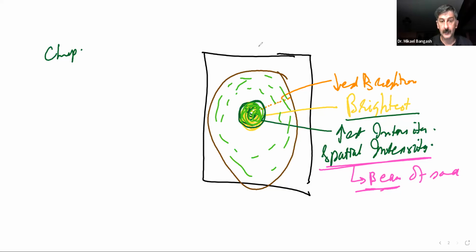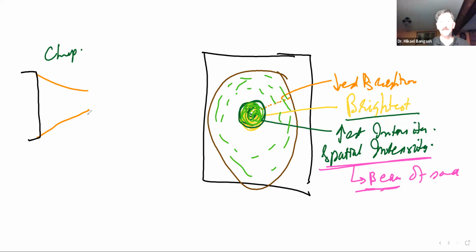But the reason that we call it a beam is because, in its first part, as it is being emitted, the diameter of the beam is going to narrow down. The beam becomes narrower and narrower and narrower. Then it reaches a point where it is at its narrowest.